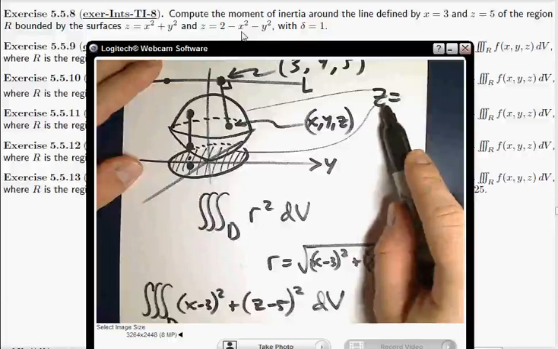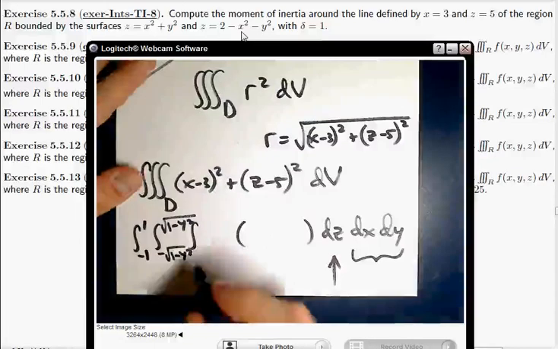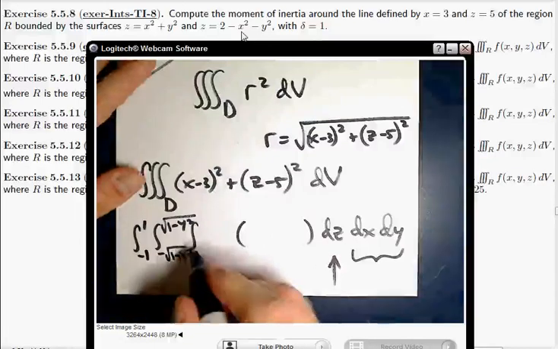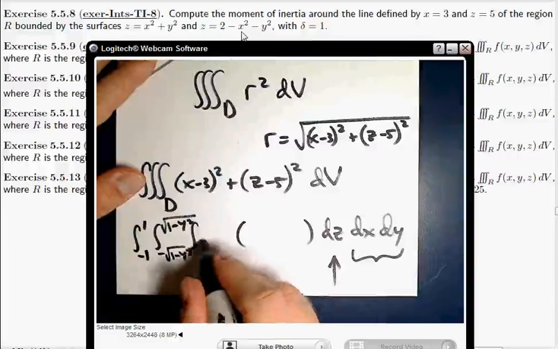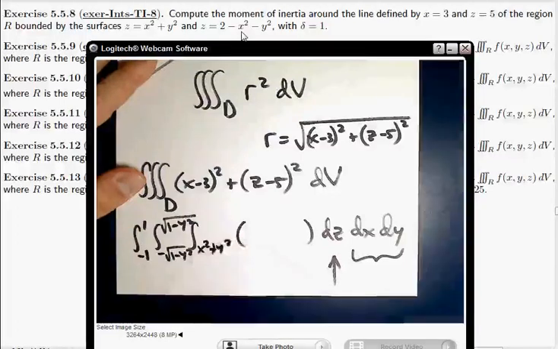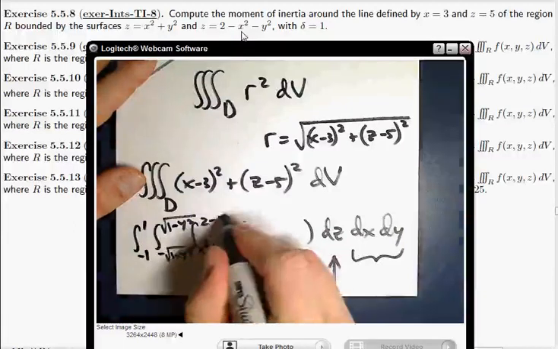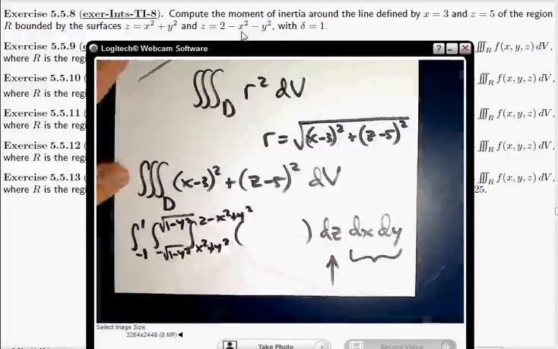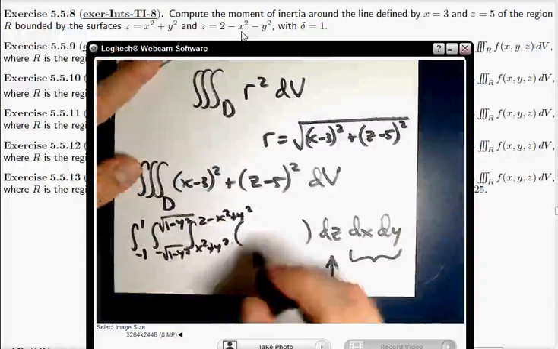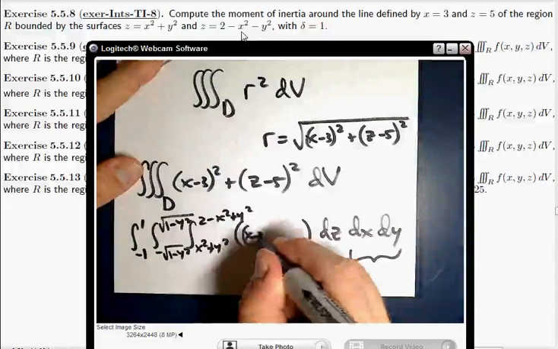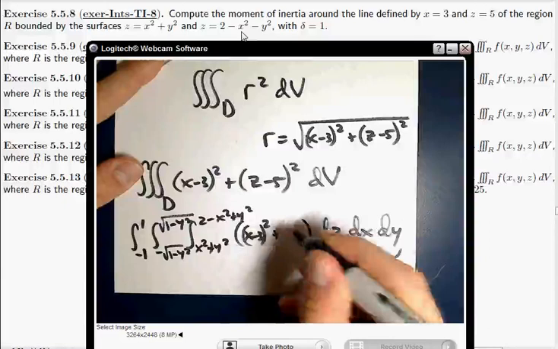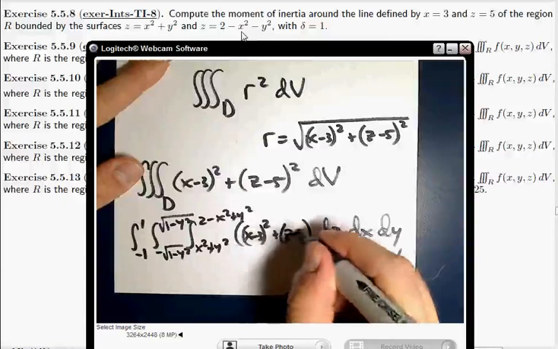It's given in the statement of the problem. So the lower bound for z is going to be x squared plus y squared, and the upper bound for z is 2 minus x squared plus y squared. And then again, this integrand was (x minus 3) squared plus (z minus 5) squared.